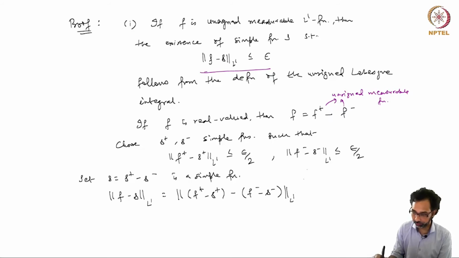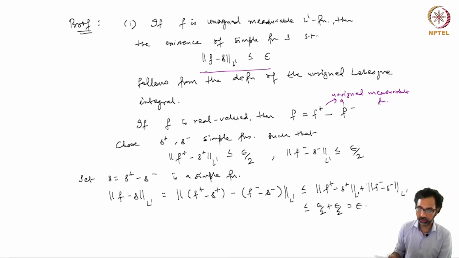By the triangle inequality, this is less than or equal to the norm of f plus minus s plus plus the norm of f minus minus s minus, and these are less than or equal to epsilon by 2 each. So this is less than or equal to epsilon. Once we have shown this for unsigned measurable functions, the real valued case follows almost immediately.